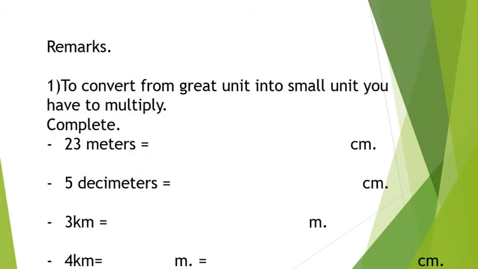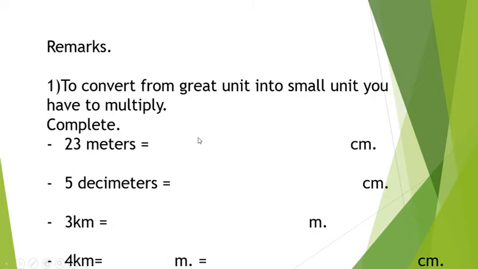Remark, to convert from great unit into small unit, you have to multiply. Complete: 23 meters equal how many centimeters? To convert from meters into centimeters, from great unit into small unit, you have to multiply.